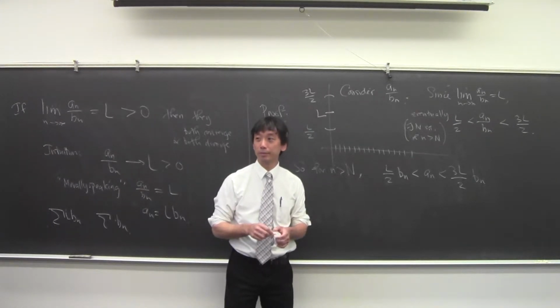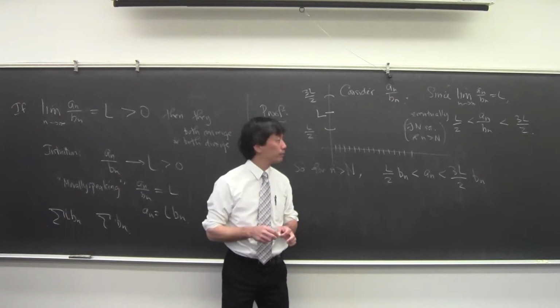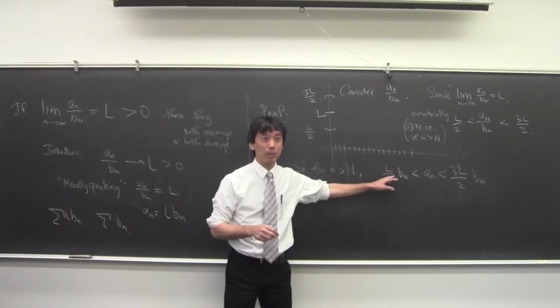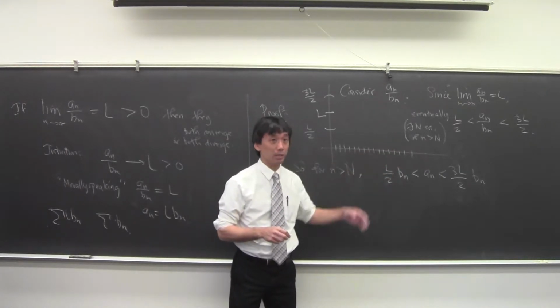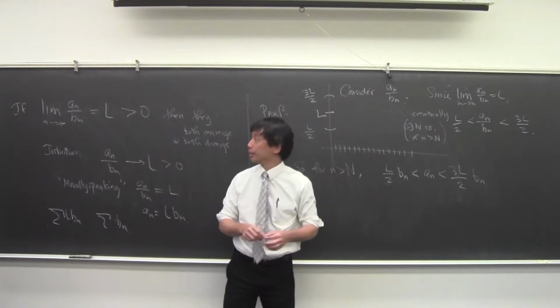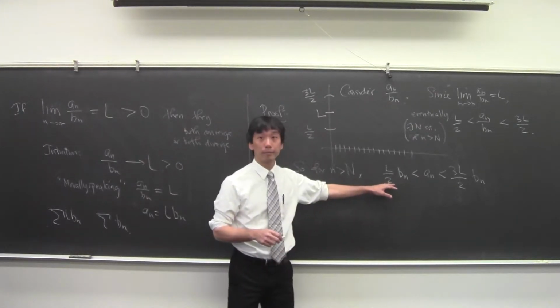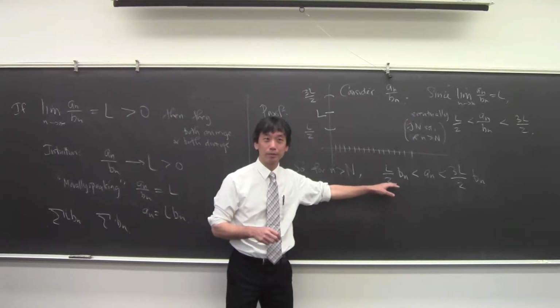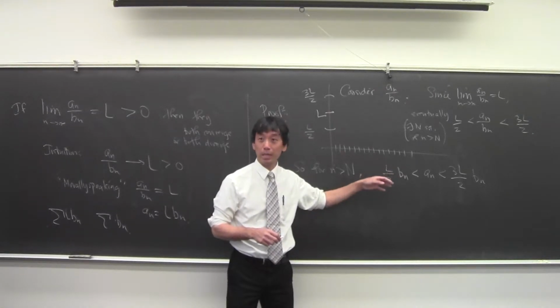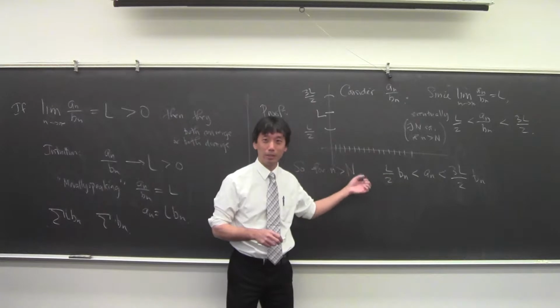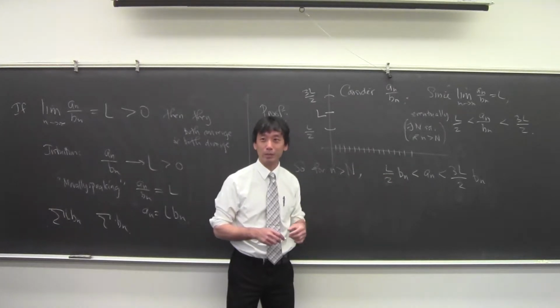I just multiplied through by B sub n. B sub n is positive, remember. Now what am I going to say? How does this show me that if the sum of the A sub n's converges, then the sum of the B sub n's converges, and if the sum of the B sub n's converges, then the sum of the A sub n's converges?